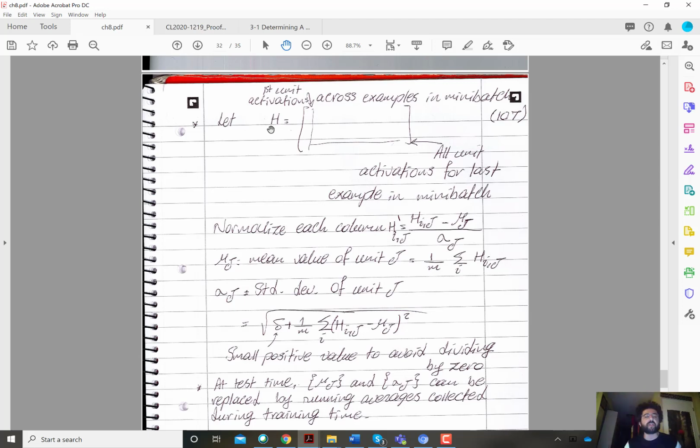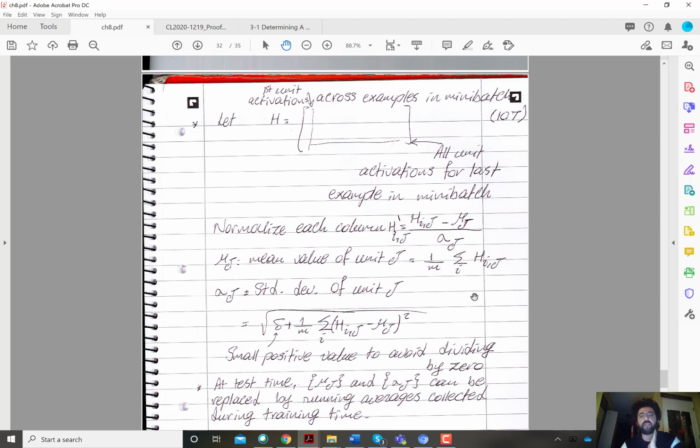So you subtract the mean so that you get mean 0, and you divide by the standard deviation. And when you compute the standard deviation, this is just an implementation detail, you add a small positive value to avoid dividing by 0.